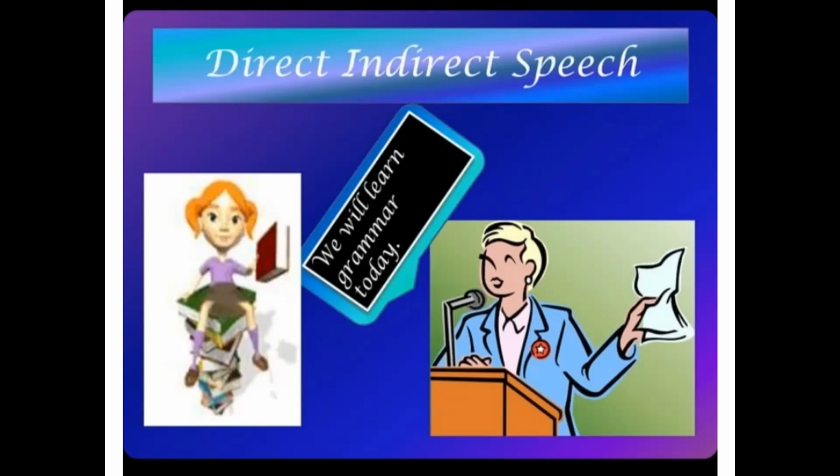That is, we use inverted commas to mark off the exact words of the speaker. Indirect speech reports what the speaker said without quoting his exact words. It is otherwise called reported speech. We do not use inverted commas in indirect speech.